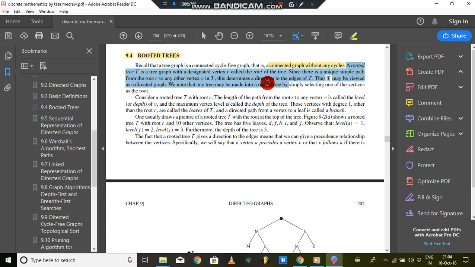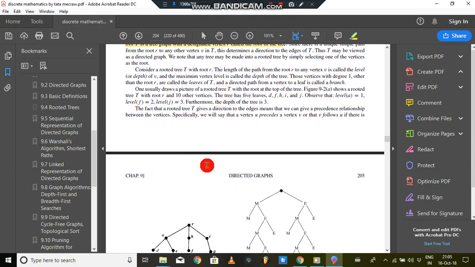A rooted tree is a tree graph with a designated vertex called the root of the tree. Since there is a unique simple path from the root R to any vertex B in T, this determines a direction to the edges of T. Thus, T may be viewed as a directed graph.